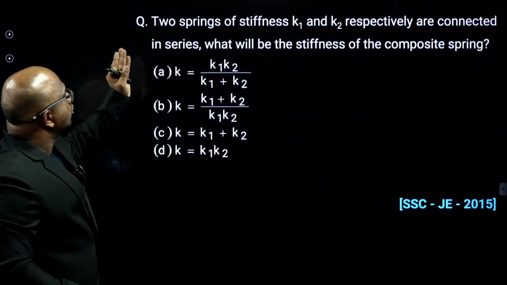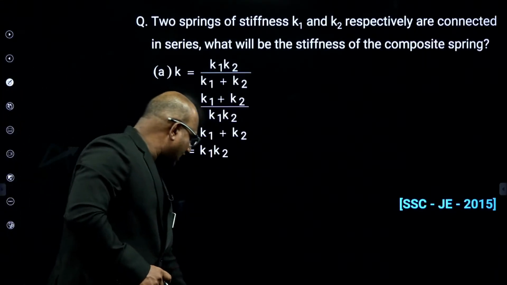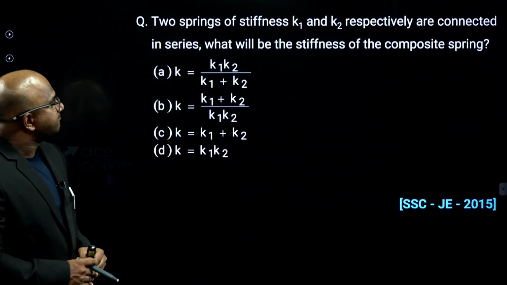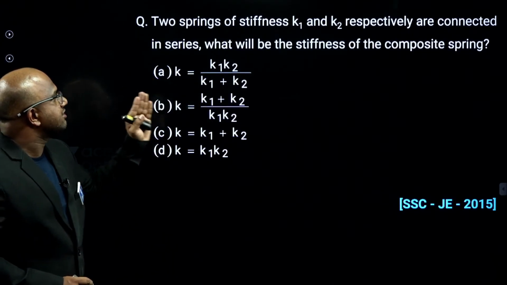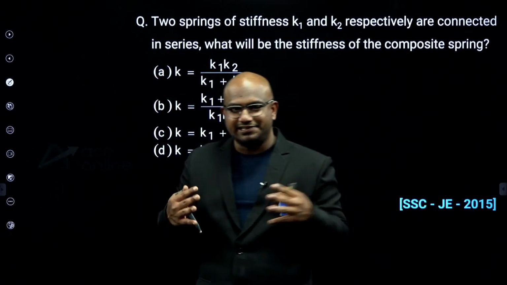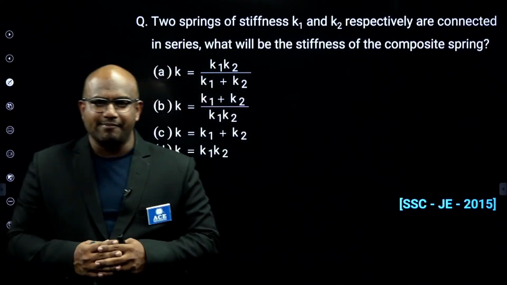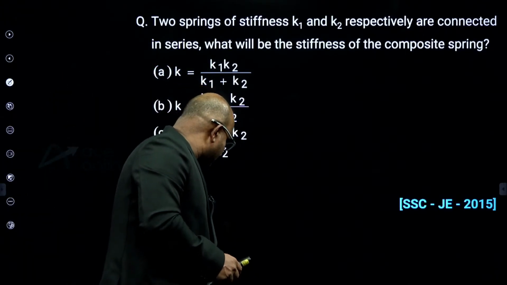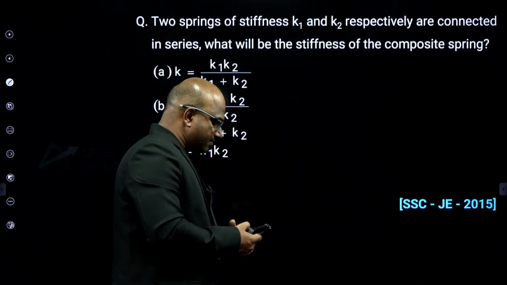Now, 2 springs of stiffnesses K1 and K2 respectively are connected in series. Then what will be the stiffness of the composite spring? Here, springs are connected in series. You please try this question, guys. I'm giving 30 seconds. Please try this question, everyone.